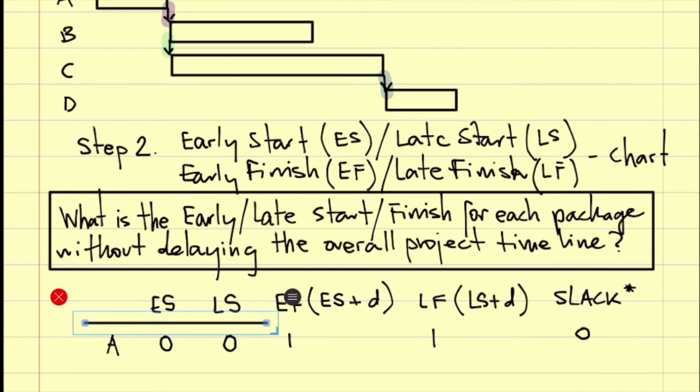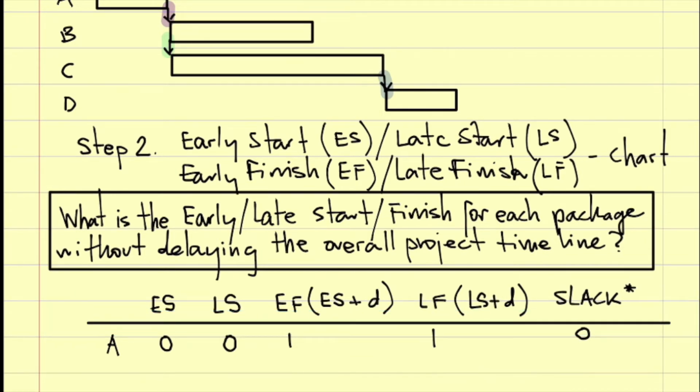This is the crucial number here, okay? The late start of A is 0. Why? Can somebody explain? So if I delay A, I delay everything. Okay, good.